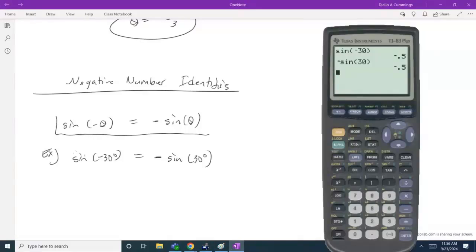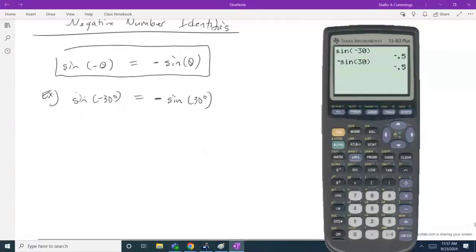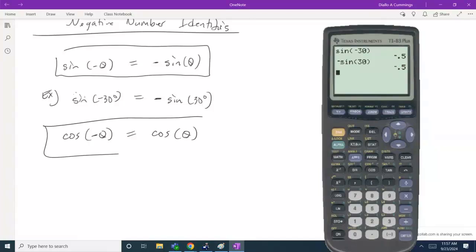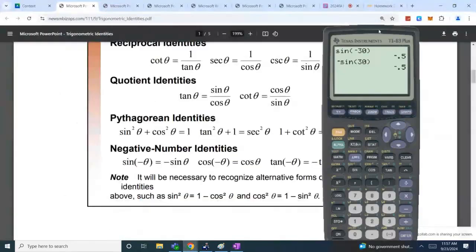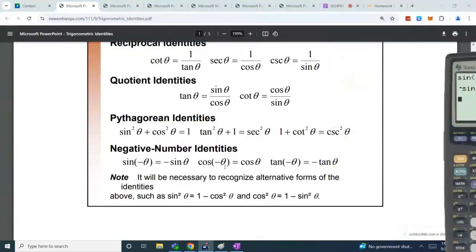The next negative number identity says the cosine of negative theta is equal to the cosine of positive theta. So if I go back to the formula sheet, the cosine of negative theta is equal to the cosine of positive theta. When you're dealing with the cosine, you could just make a negative angle a positive angle.